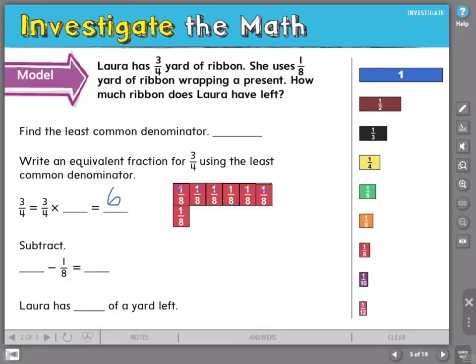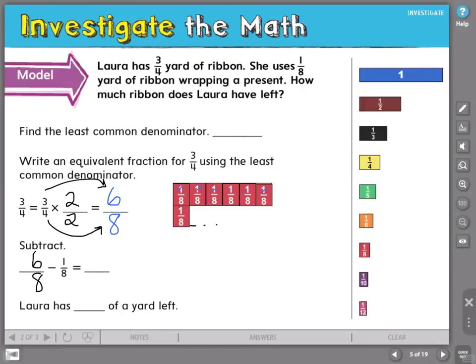So 6 eighths is the equivalent fraction to 3/4. What number did I use to create 6/8 from 3/4? I know that I multiplied my fraction by 2/2 to make 6/8. Now I have 6/8. I'm going to find the difference by subtracting the 1/8.